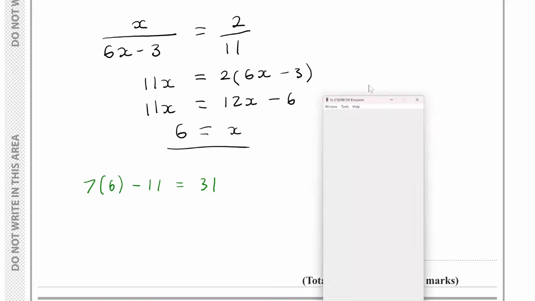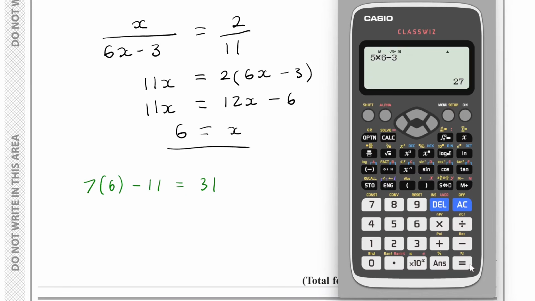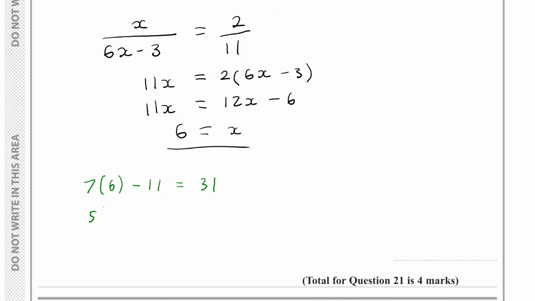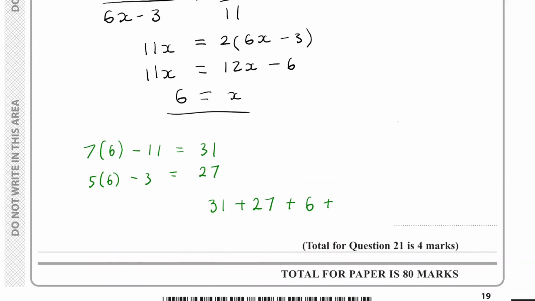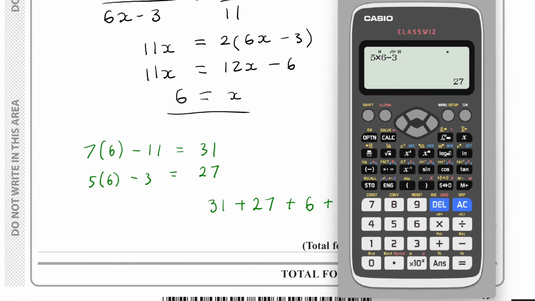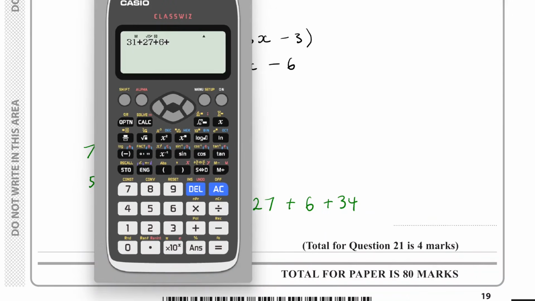So 5 sixes take away 3 is 27. So our total amount, we've got 31, we've got 27, we have 6, and 34. So 31, 27, 6, and 34 adds up to make 98.